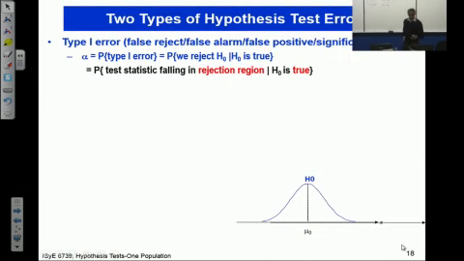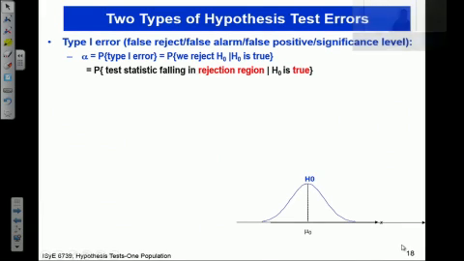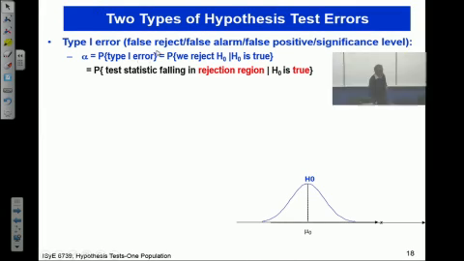And we said how we can geometrically show what alpha is. So alpha is basically the probability of type 1 error, or false reject, false alarm, false positive, significance level. They're all the same. And it's the probability of the test statistic falling in the rejection region, given the fact that mu is equal to mu 0, or H null is true.